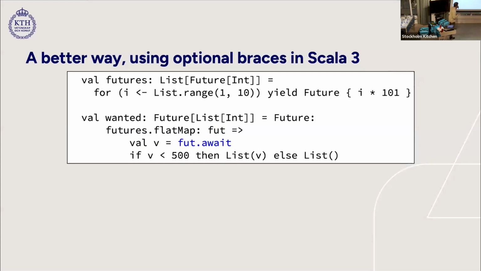So I mean, braceless syntax basically just means that instead of having the curly braces, we just write a colon and then we indent the code that follows, and that is the stuff that would go into the braces, right? So we can say future colon, and then all the indented stuff goes into the block, and we can use it for closures as well.